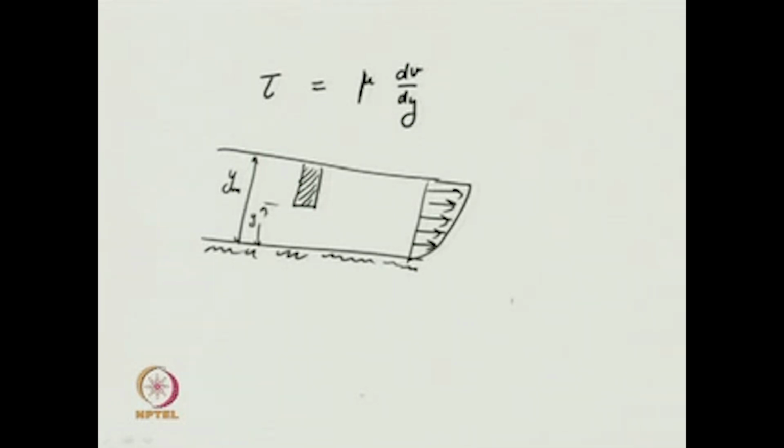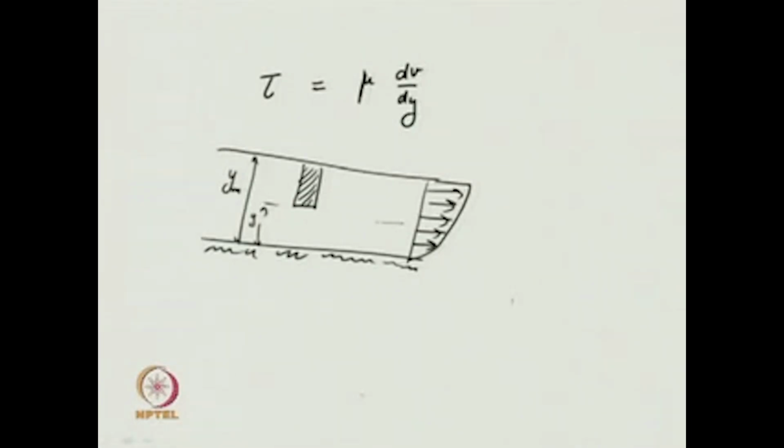For such overland flow, viscosity is prominent, as we suggested, so there will be a considerable amount of friction, a frictional force acting in the opposite direction that opposes the motion of flow in the downstream direction.